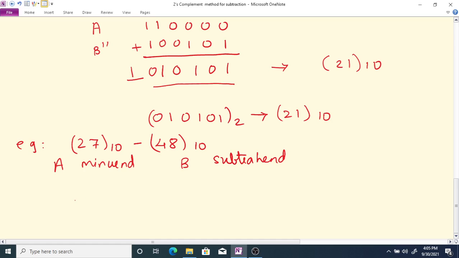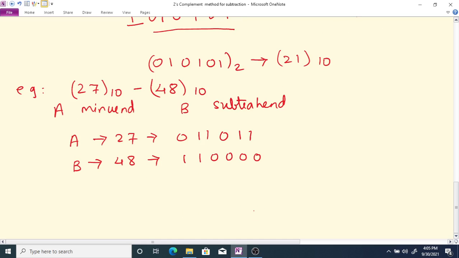Now we will find the binary value for A, that is 27. We have 011011. Similarly for B, we will have 48, which will be 110000.